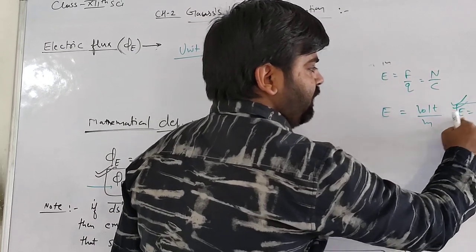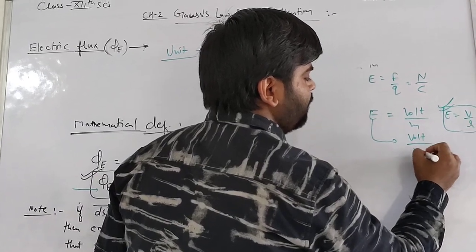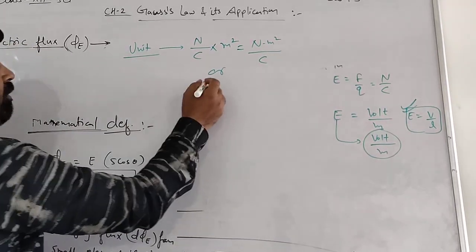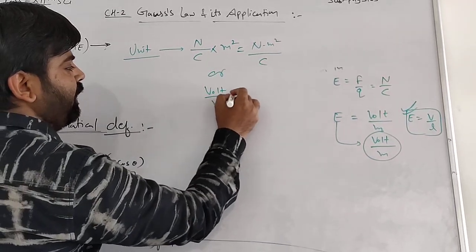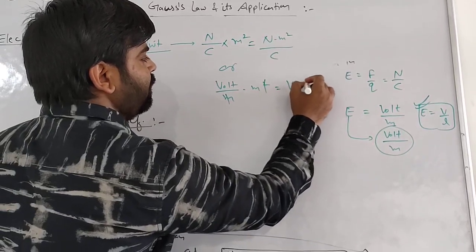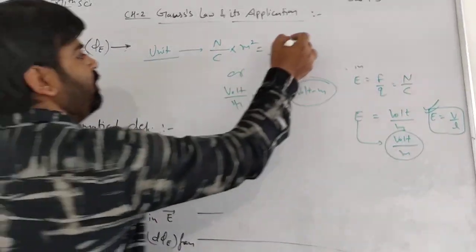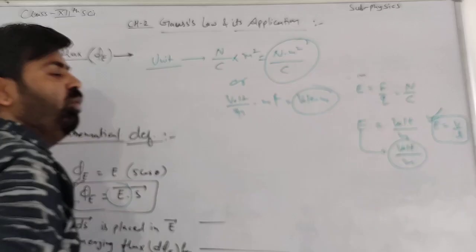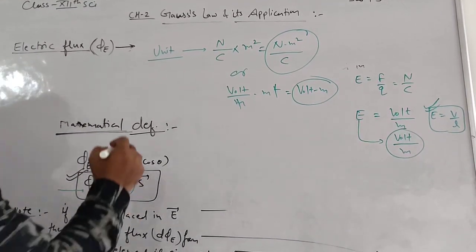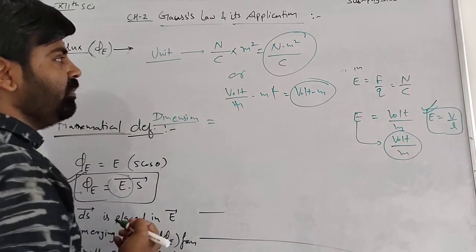So the unit of electric field is volt per meter, and another unit of electric flux is volt per meter multiplied by meter square, which is volt meter. There are two units, Newton meter square upon Coulomb and volt meter. Now we discuss its dimension. What is its dimension?